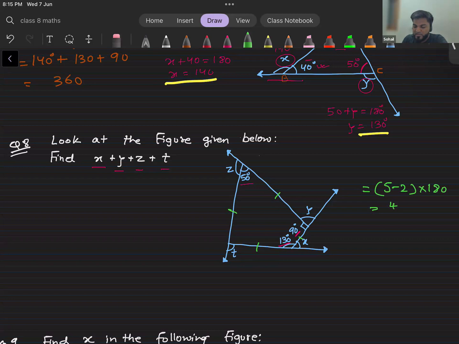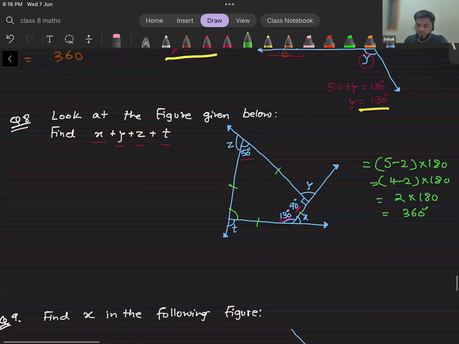So 4 minus 2 multiplied by 180, that is 2 multiplied by 180, that gives me 360 degrees. So this angle here, which I don't know, I can find out, so that I will be able to find out t. So let's find out this one.